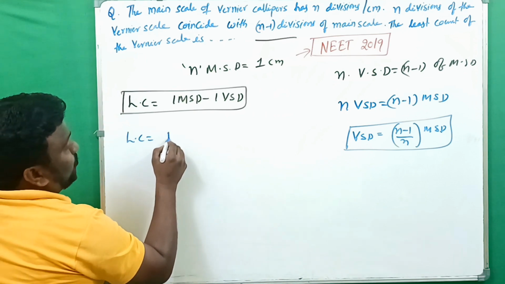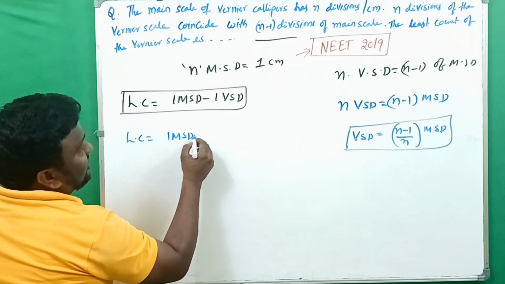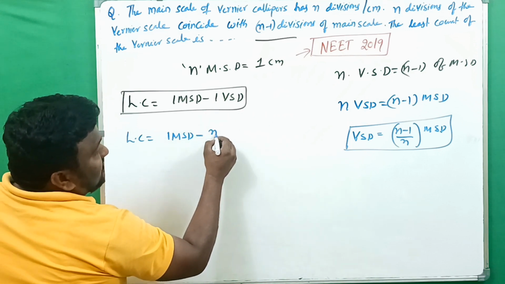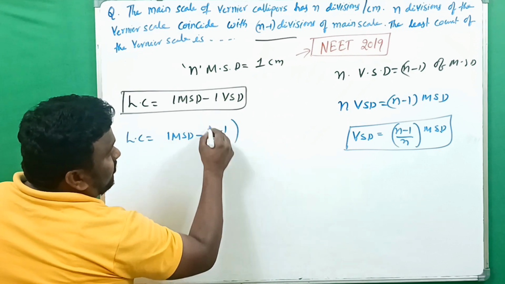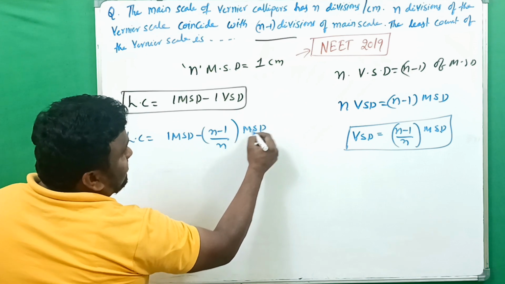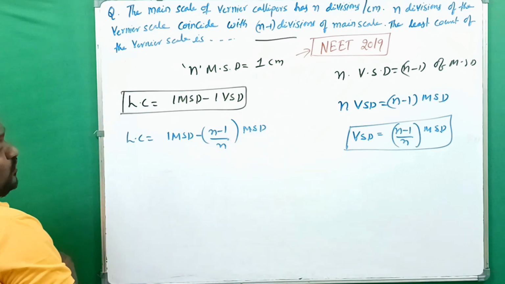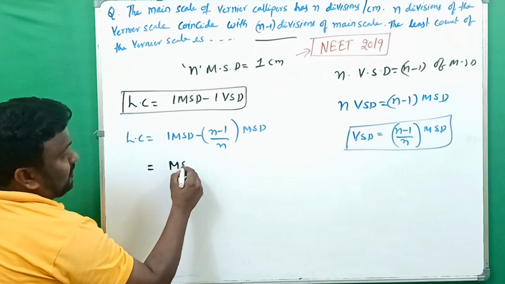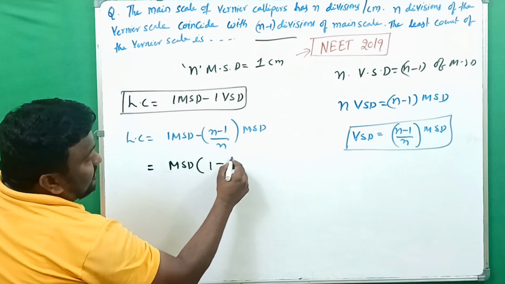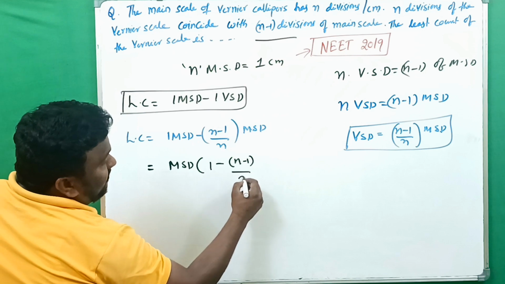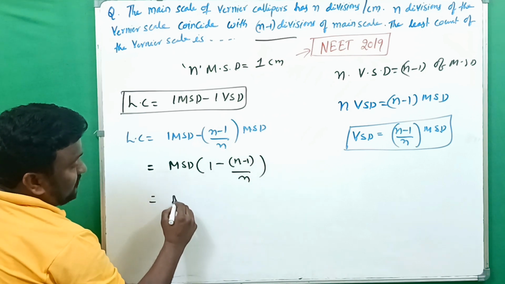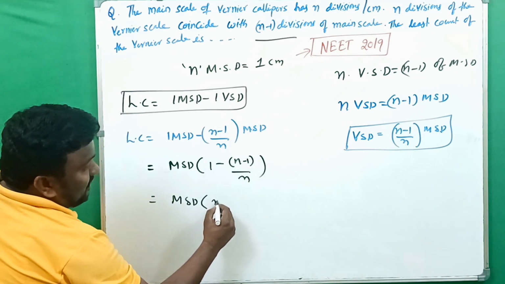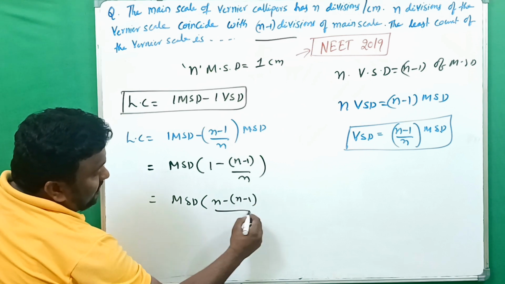LC is equal to 1 MSD minus n minus 1 by n MSD. Again, we have to take MSD common. Then write MSD of 1 minus of n minus 1 by n. Then do LCM. MSD into n minus 1 by n.